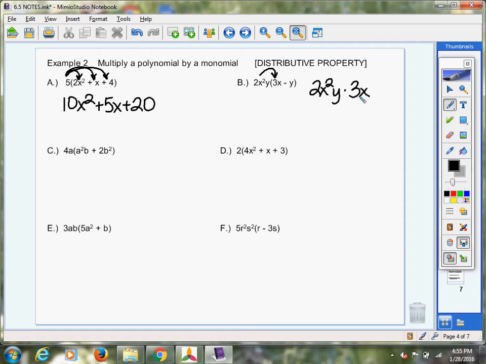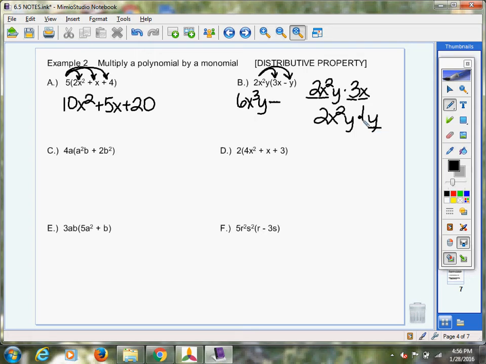And so I'm going to do my 2 times 3, which is 6, x squared times x, which is x cubed, and y doesn't have anything to multiply to it, so I'm just going to bring it with it, okay? So there's my first term. Now I'm going to drop down my minus sign, and now I'm going to do the same thing with the y. I'm going to do 2x squared y times y. Now y, the second y back here, has a coefficient of 1.